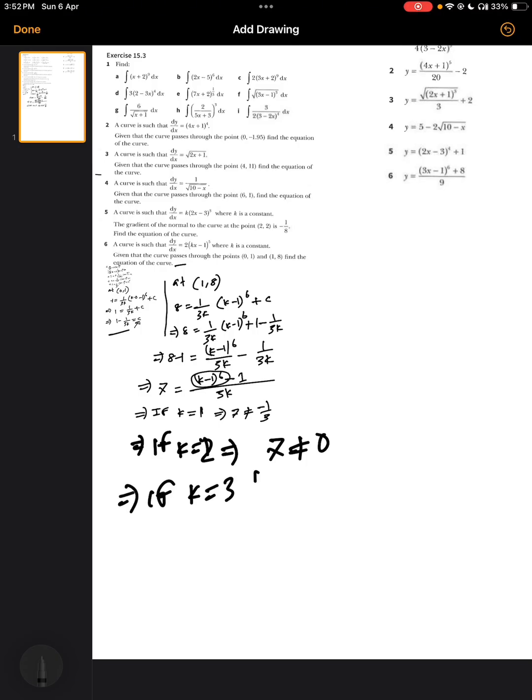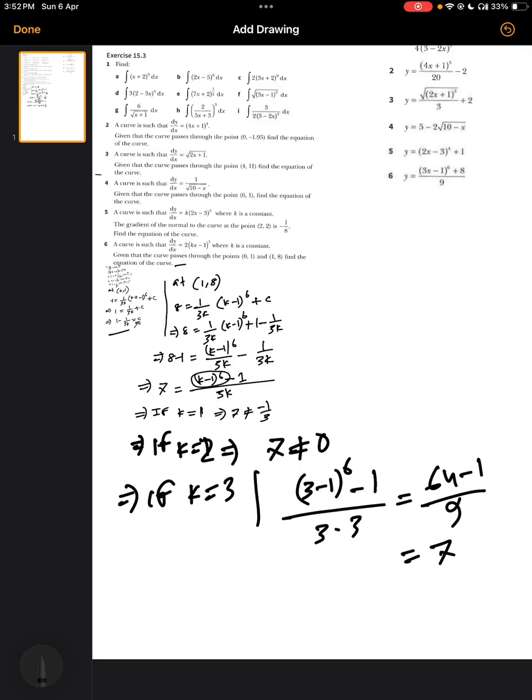Now if I pick k is equal to 3, then (3 minus 1) to the power 6 minus 1 over 3 times 3, so 2 to the power 6, right? 2, 4, 8, 16, 32, 64. 64 minus 1 divided by 9, so 7.